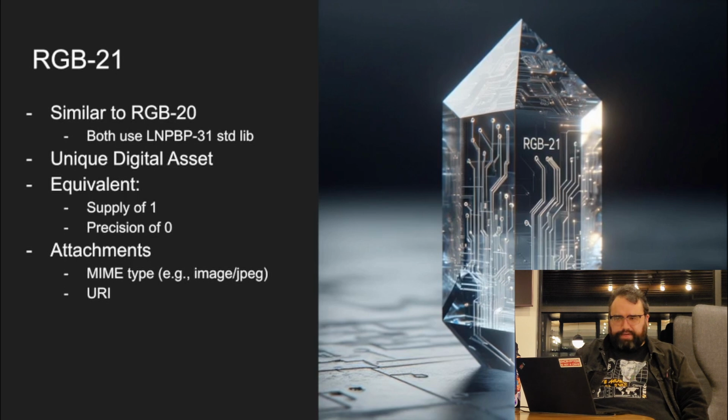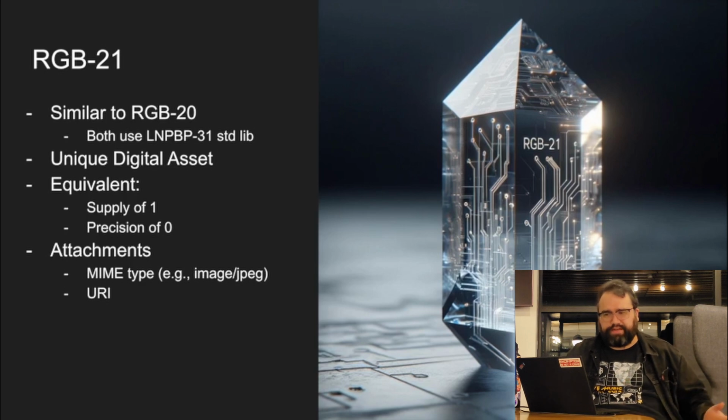And then RGB21, we like to call them unique digital assets, but they're also known as NFTs. We make use of a lot of the similar standard library between them, but just different metadata properties and attachments, and we can have an embedded preview metadata media type where we can embed up to 16 megabytes of data into the contract itself.